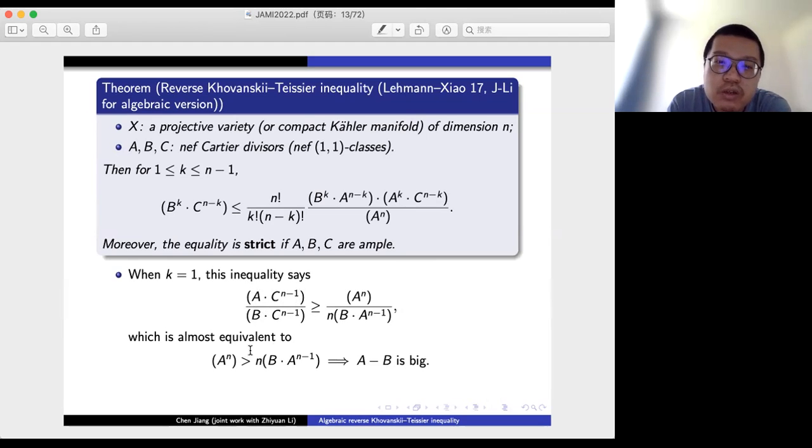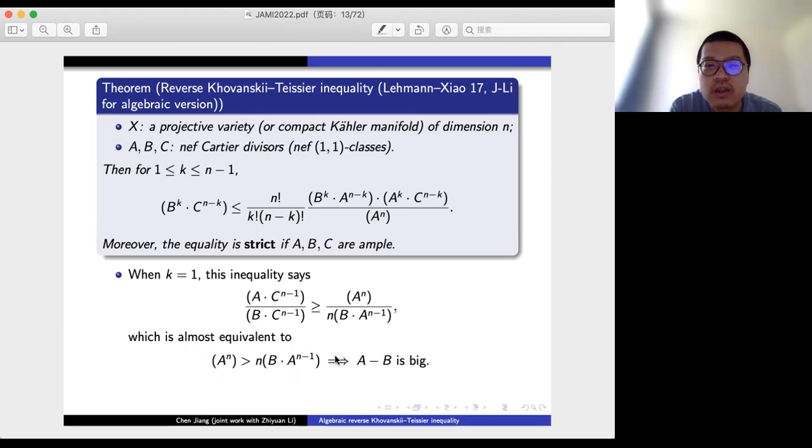Okay, so then I think many of you know this form, right? I think it's used in many places. For example, you can find this form in Lazarsfeld's book, or when proving some non-vanishing result of the divisors, you use this.